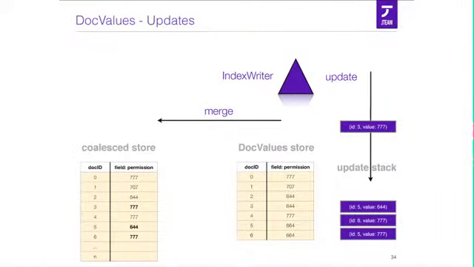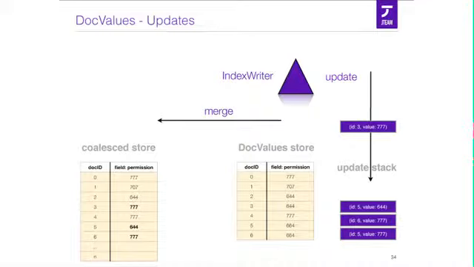It's tricky. With DocValues, we'll implement a stacked approach. So you have your DocValues store, and once you update a certain document, we just stack them, right? And once we merge the doc stores together to 1 or more segments, we update those values, right?